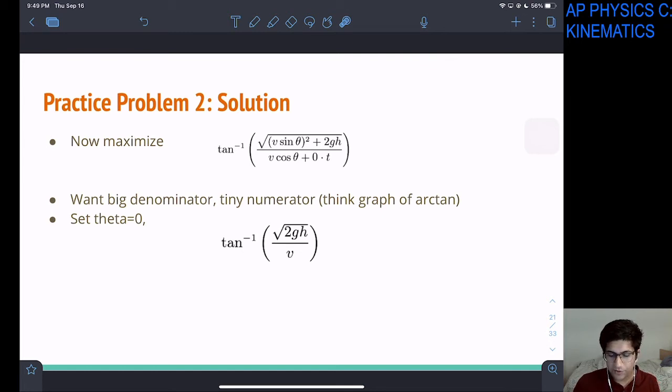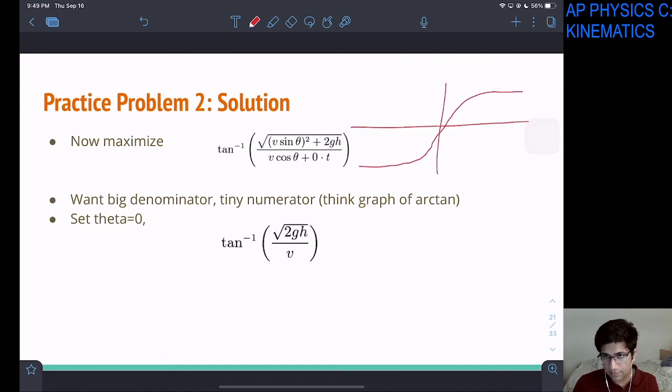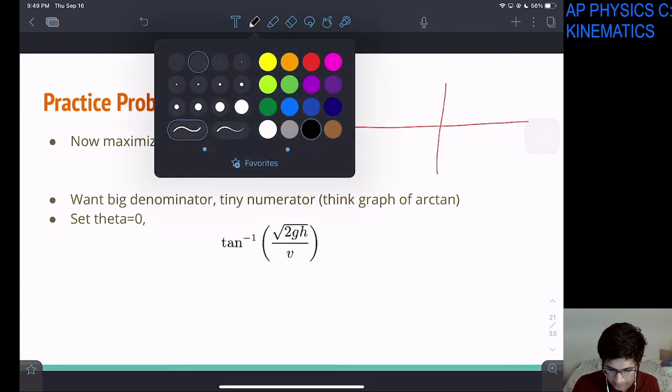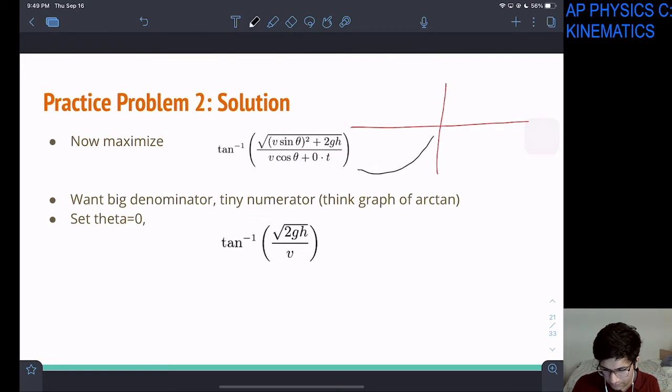What is the graph of arctan? So inverse tangent, it kind of looks like this. This is supposed to cross the origin. It kind of looks like this here. Okay, we want to maximize this. So how do we maximize this?